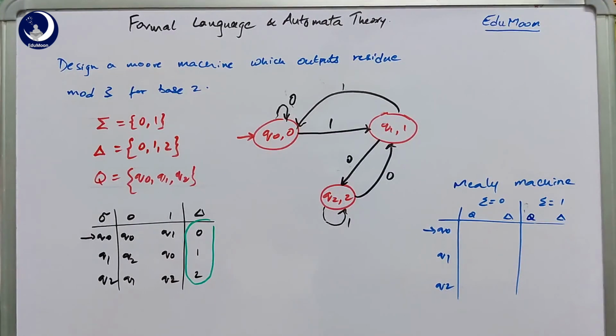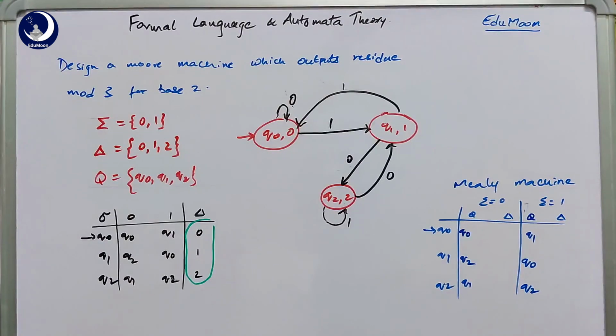Just write the possible next states as they are from the given table of the Moore machine, that is Q0 on 0 is Q0 and Q0 on 1 is Q1 and so on. We can fill the respective columns here. Now coming to the outputs, in the Moore machine table, Q0 is assigned an output symbol of 0. So in the transition table of the Mealy machine, wherever we have Q0, we write an output 0 there.